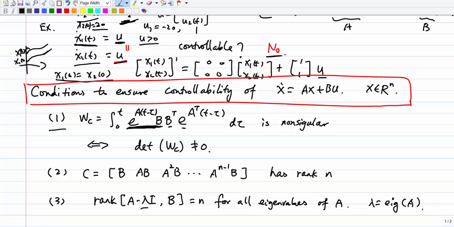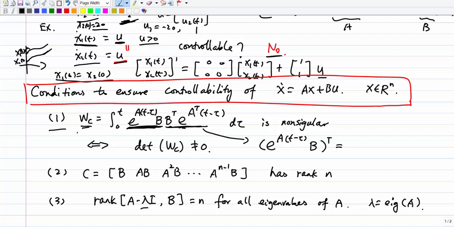This is one part, e to the A(t minus tau) times B. This other part is just the transpose of the previous one, the transpose of e^(A(t minus tau)) B. If you do a transpose, you just switch the order: B transpose goes first, and then e to the A transpose, where you just put the transpose on A directly. That's how I interpret this WC. You do the integration from 0 to t over tau.